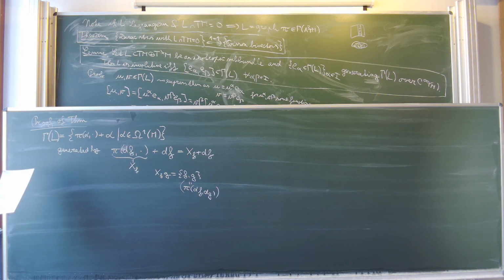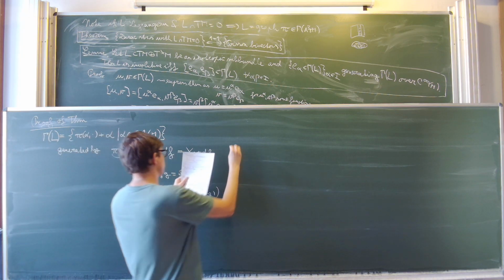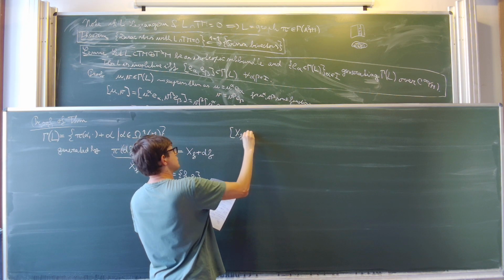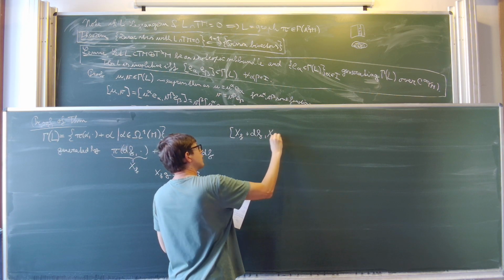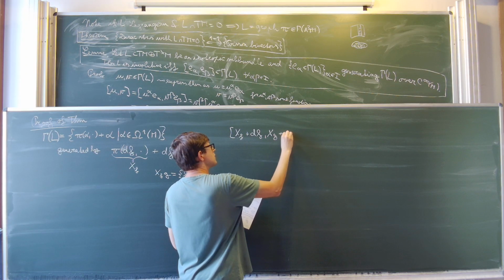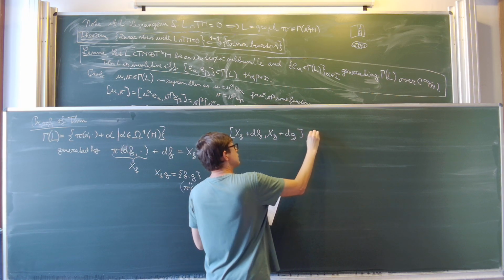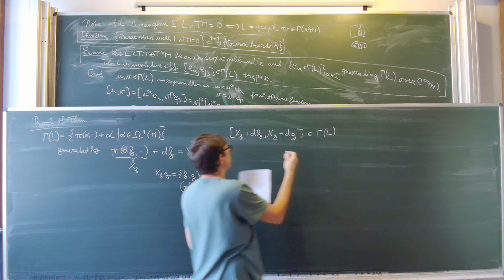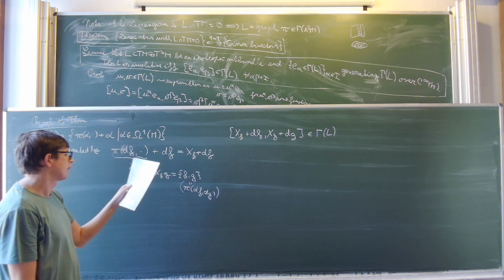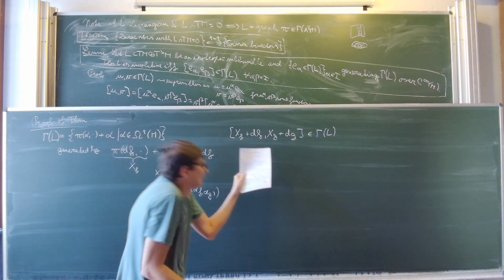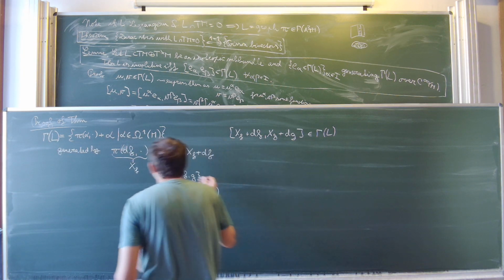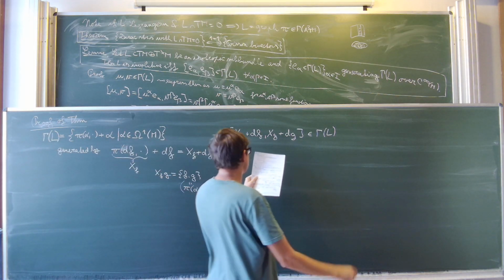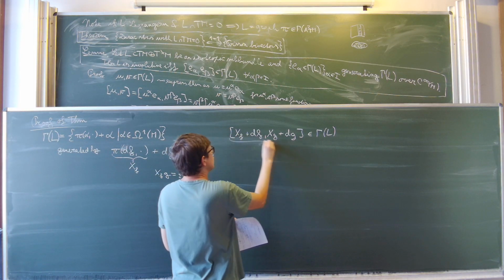Now what does involutivity mean? As before, we want to have XF plus df, and a second such thing, XG plus dg, and we want that their bracket is inside gamma of L. So it again needs to be of this form. Now what is this?